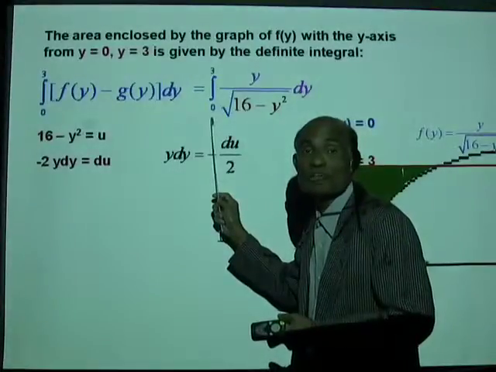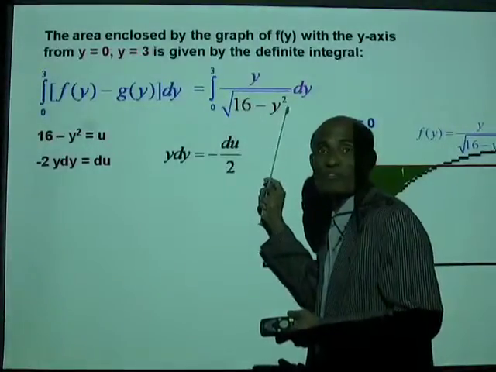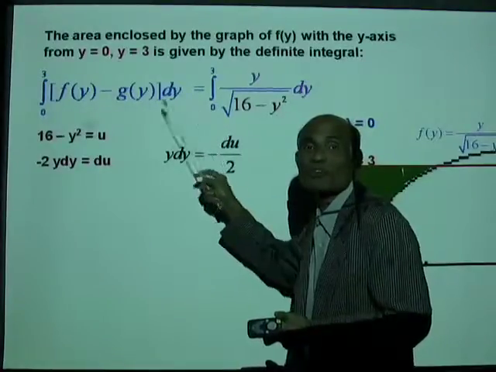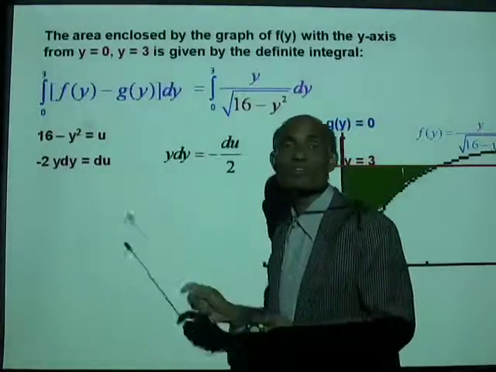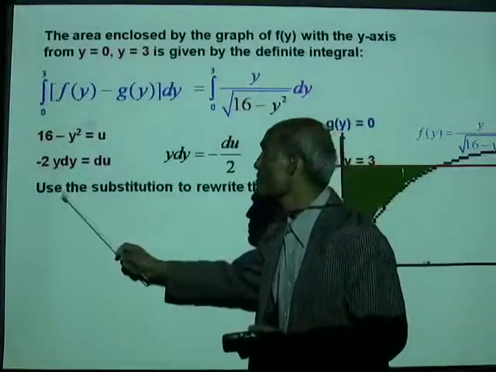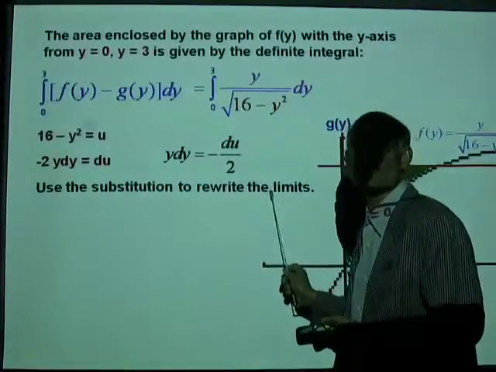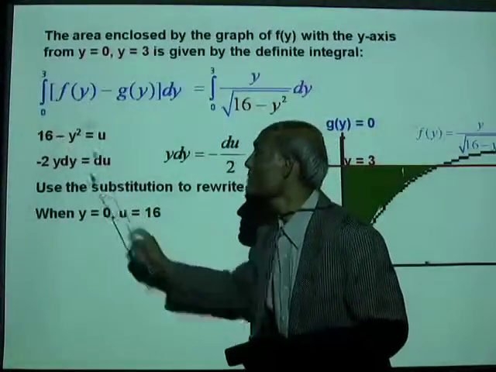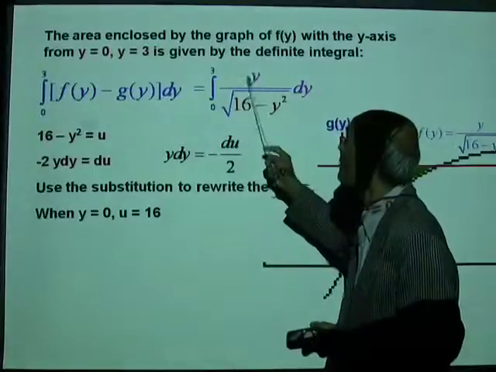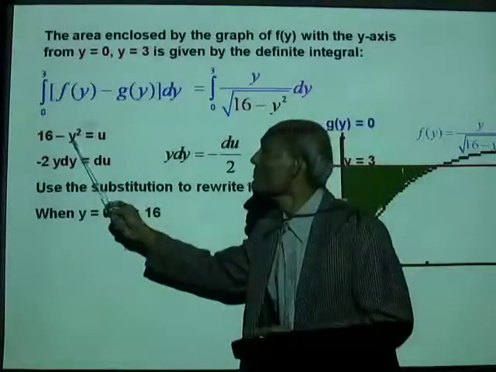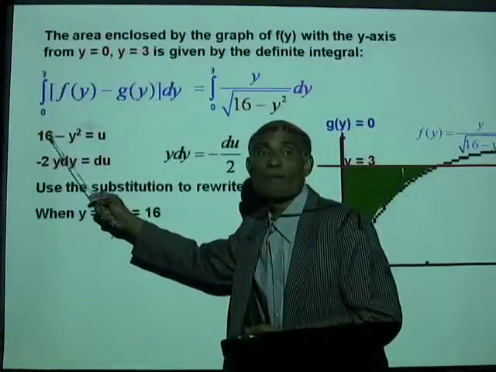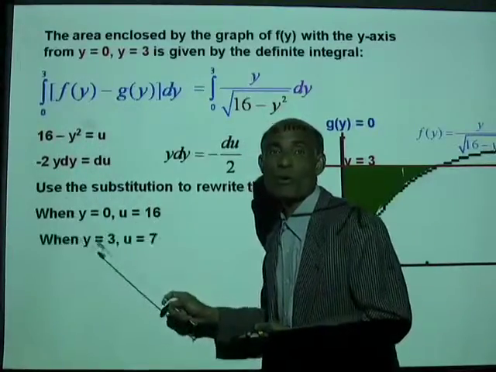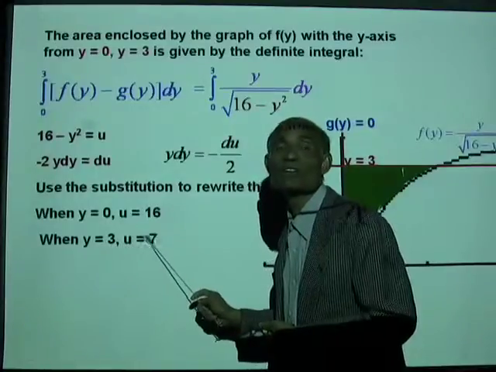Therefore, in our new integral, when you replace this quantity by u, this limit y equal to 0 become u equal to 16. Let's do that. So use the substitution to rewrite the limits. When y equal to 0, u equal to 16. How about this? When y equal to 3, put y equal to 3 there. It'll be 16 minus 9 equal to u, or when y equal to 3, u equal to 7.